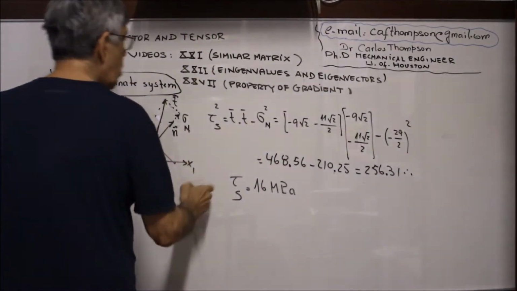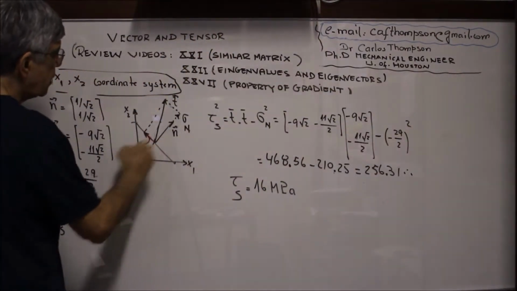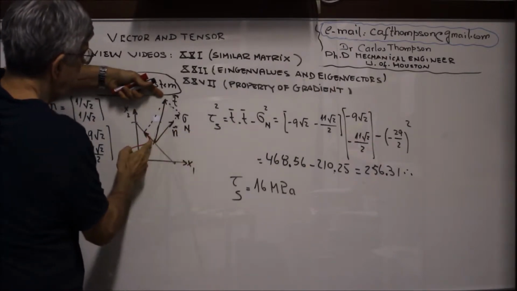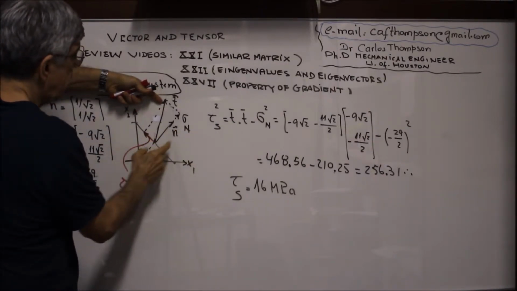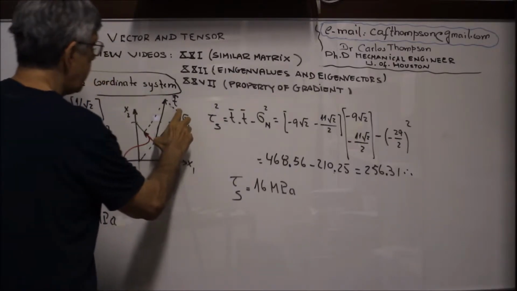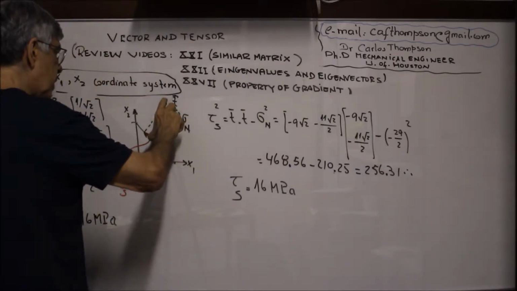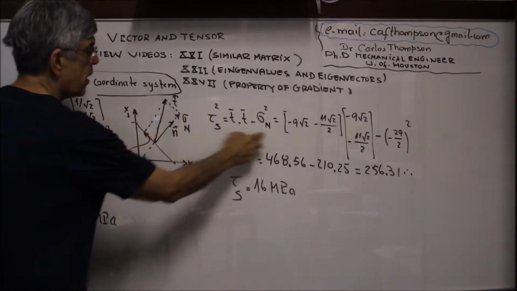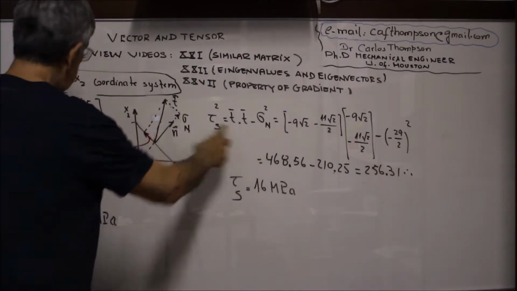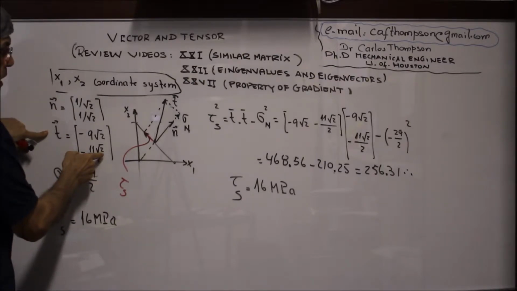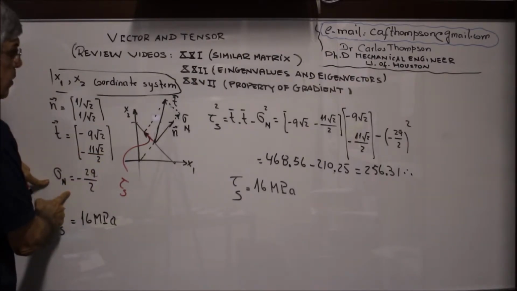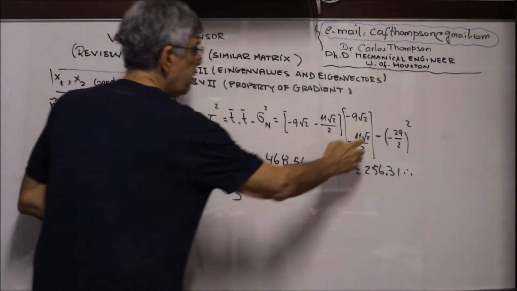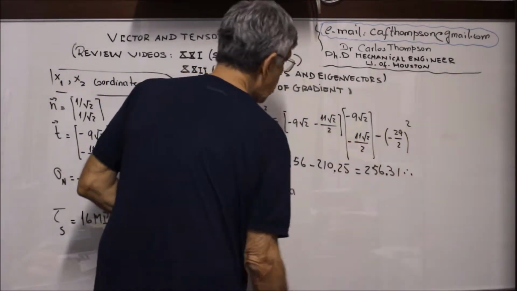To calculate tau s, the magnitude squared minus sigma n squared is equal to tau s squared. So we have T, it was calculated. Sigma n was calculated too. So let's do this dot product minus sigma n squared.